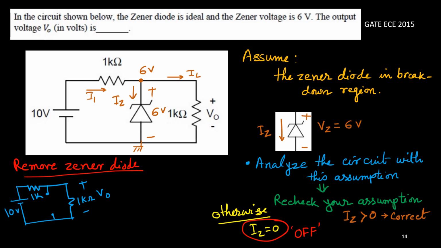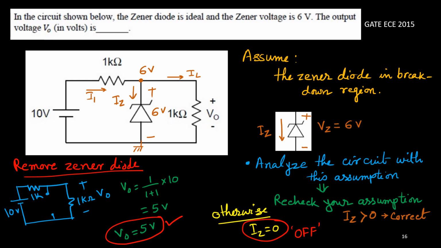The output voltage will be this resistance upon total resistance: 1K upon 1K plus 1K into 10 equals 5 volt. So 10 volt is equally divided. Your answer V0 is 5 volt, not 6 volt.